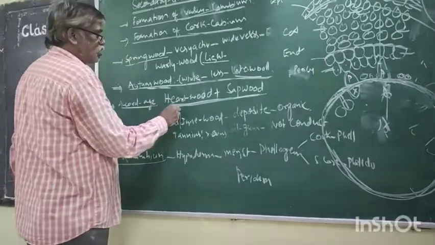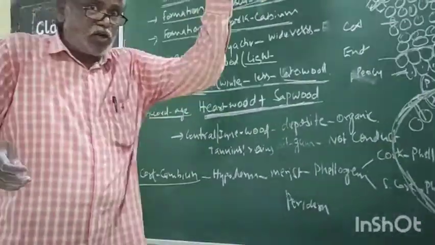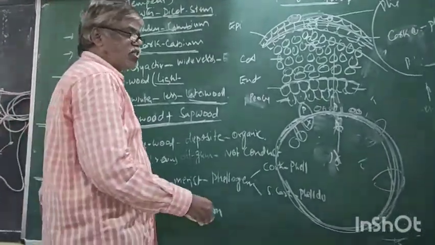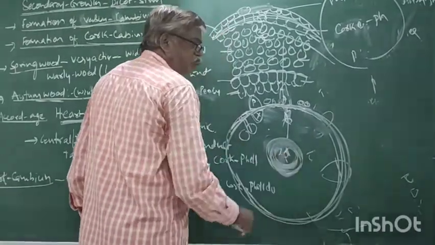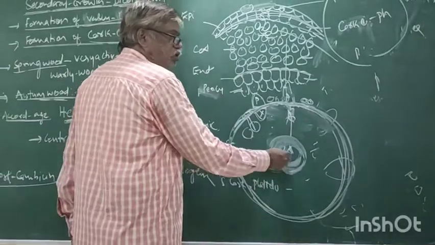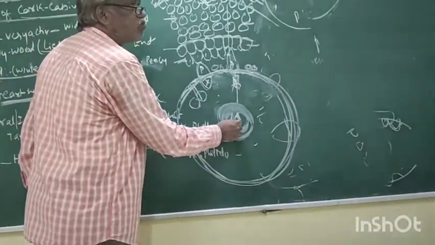Now according to age, hardwood and softwood, when the age increases, irrespective of external factors. Now the central xylem, the peripheral xylem: the central is formed first.